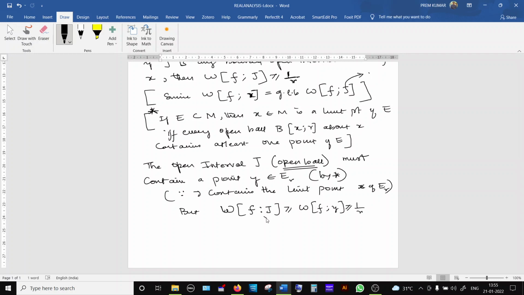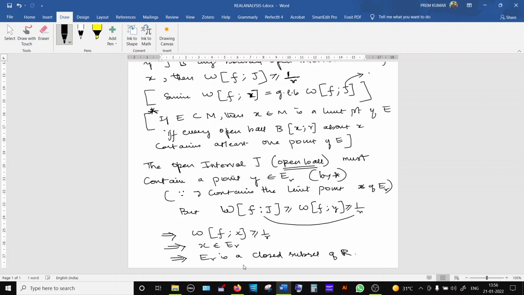So we proved that this is greater than or equal to 1 by R. So this implies that the oscillation of f with respect to x is also greater than or equal to 1 by R. This implies that x belongs to ER. So this implies that ER is a closed subset of R. Hence the theorem.